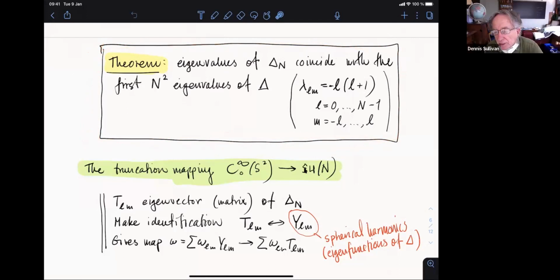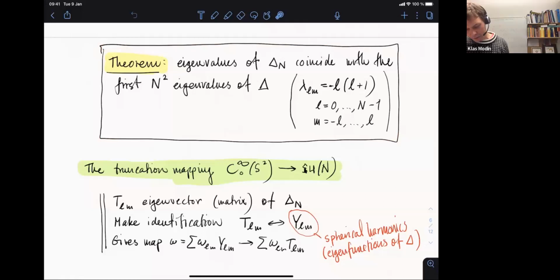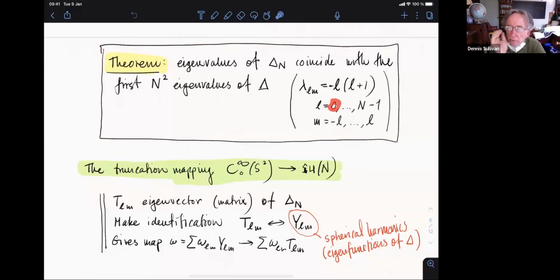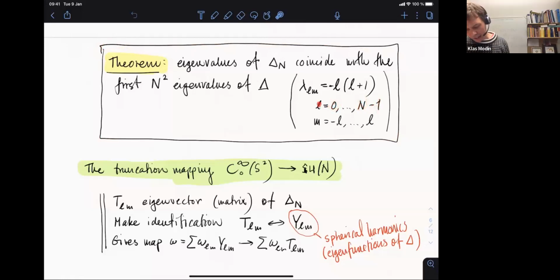Wait, so I'm lost. Wait, there are two parameters. Before there was just one. So yeah, L runs from 0 to n minus 1, right? Yeah. Okay. And then for each L, you have a number of m's that goes from minus L to L. This is how you number the spherical harmonics, right?